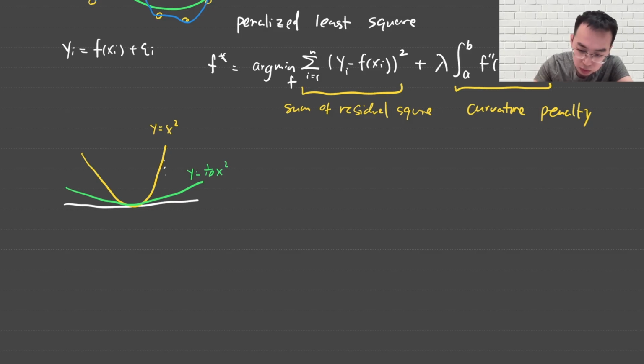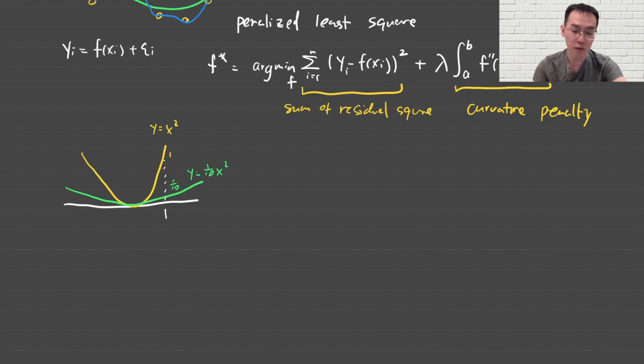If I plot the data points, here is 1/10 on the one curve, and on the other curve, the yellow curve, it is 1 on the y value. Visually, we can see that the yellow curve has more curvature than the green one, right?